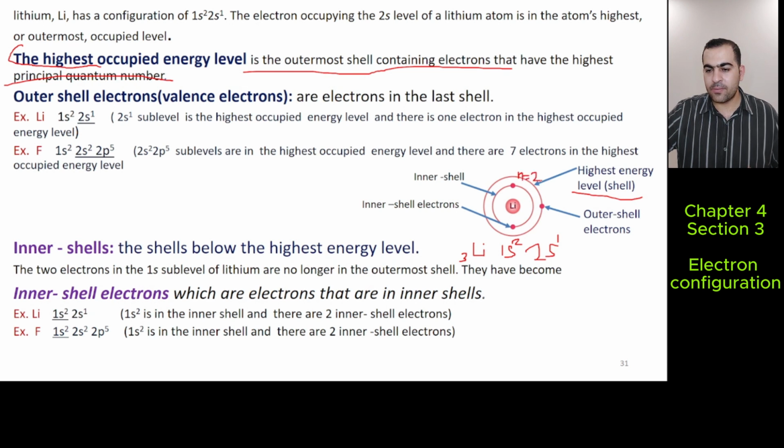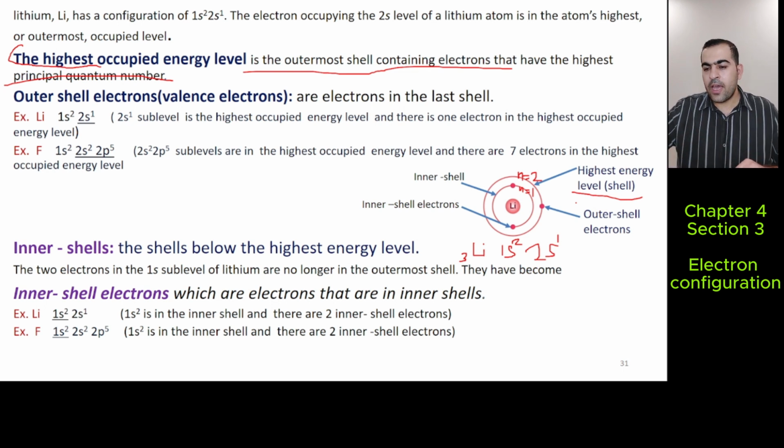Here we have 1 and 2. The highest principal quantum number is n equals 2. So the second energy level is the highest occupied energy level, last shell, outermost shell, or valence shell.